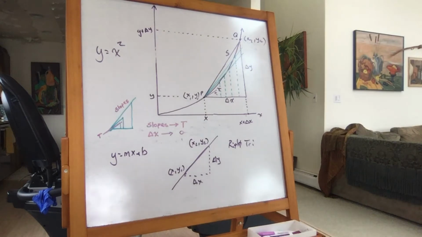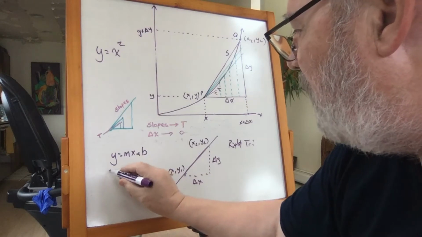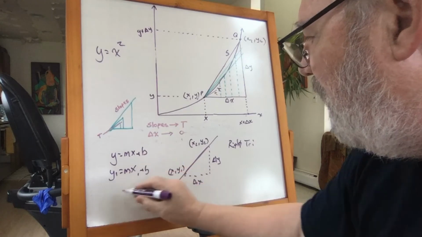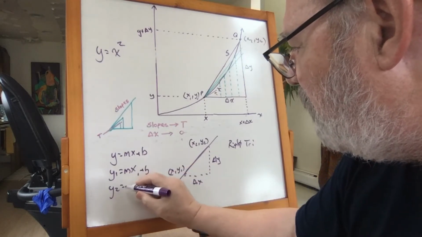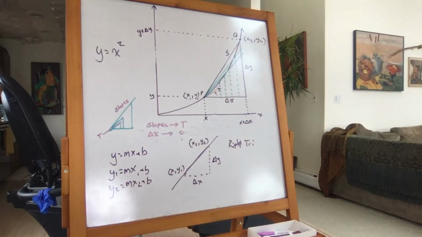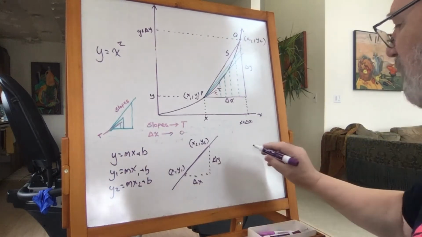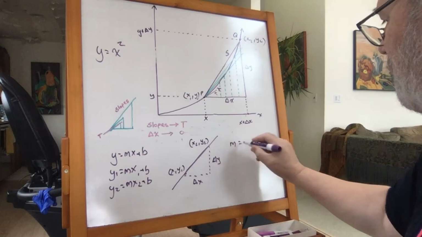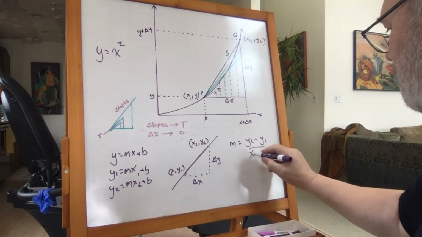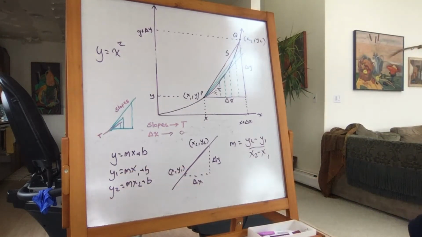And so we can find our slope by going y1 equals mx1 plus b, and y2 equals mx2 plus b. And so, knowing that our slope is equal to y2 minus y1 over x2 minus x1, we're taking the difference between these two equations.